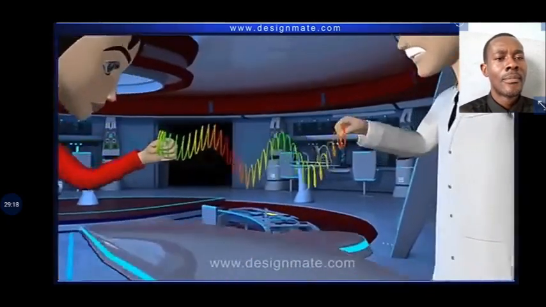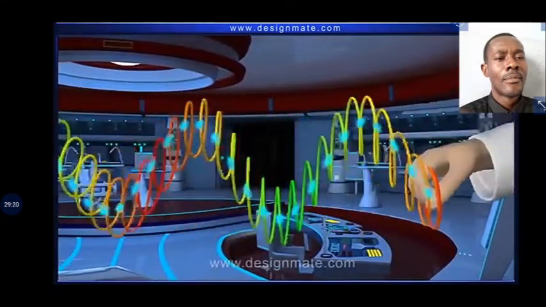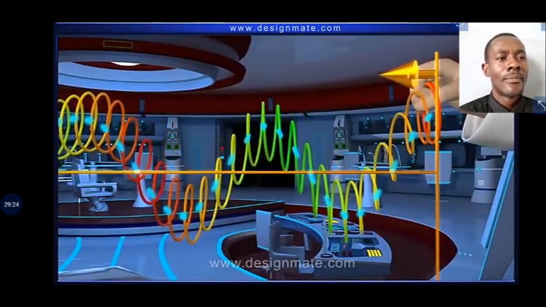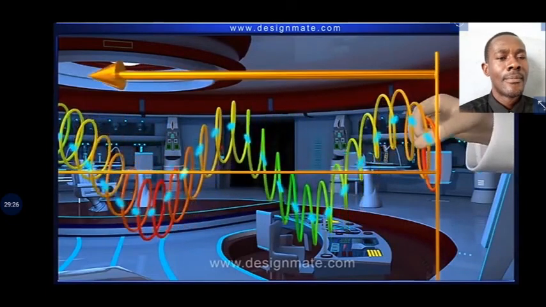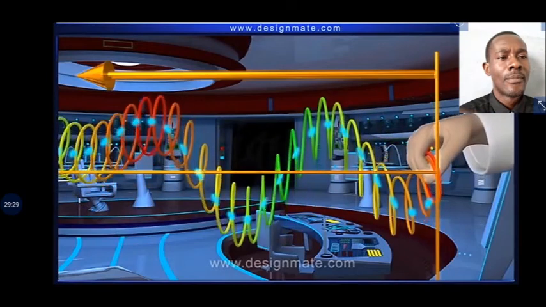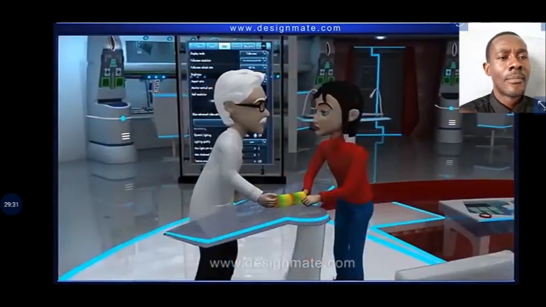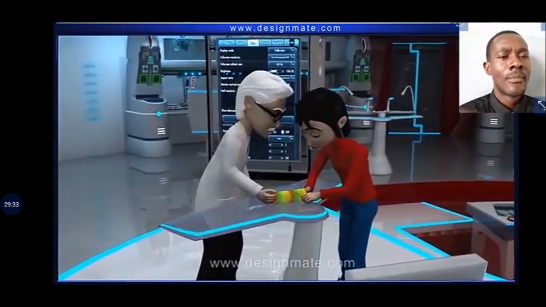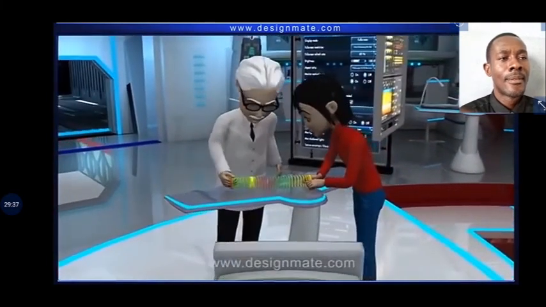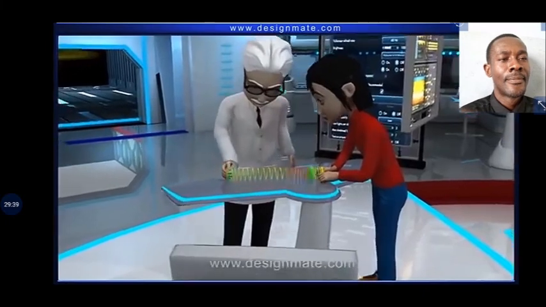In a transverse wave, the particles vibrate at a right angle to the direction of the wave. The wave traveled from Dr. Zook to Emily and back. Now let's see what a longitudinal wave looks like. Emily is holding one end of the slinky, while Dr. Zook is pulling its other end towards himself, and then pushing it towards Emily.